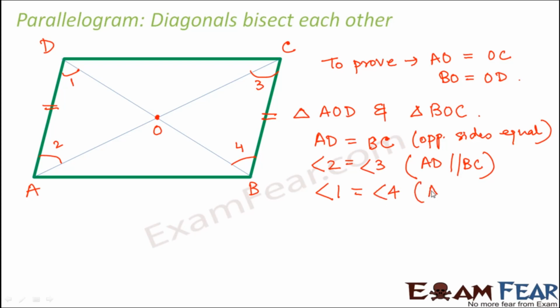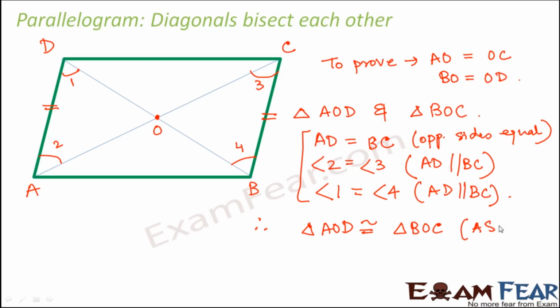That is also because AD is parallel to BC. Now, if you look at these three criteria, what do you see? That one side and two angles are equal for both the triangles. Therefore, you can say that triangle AOD is congruent to triangle BOC by ASA congruency.